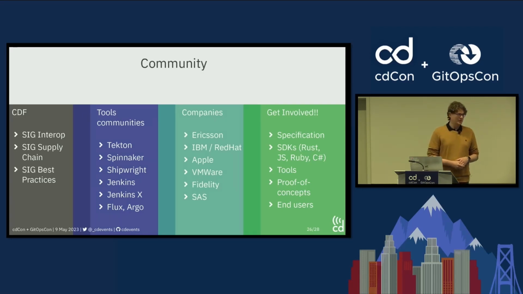So it's a great opportunity to join us, contribute, and influence the direction of the project, right? And there are so many areas where we're looking for contribution: from the specifications, where we have high-level discussions about where we want to go, to building SDKs, tooling, proofs of concept, and so forth. And of course, adoption.